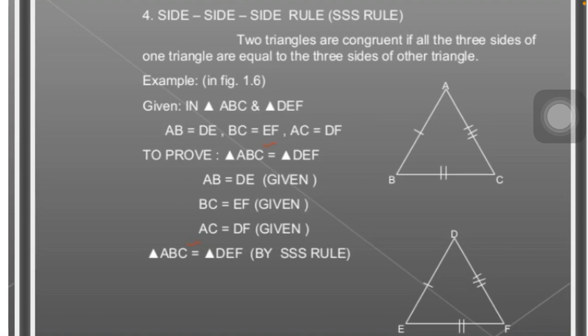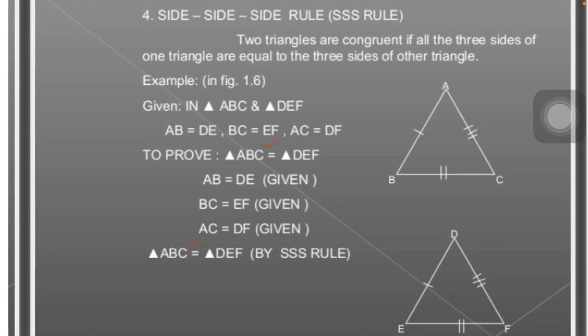How else can I write it? I can prove it like this. If I have two triangles given and three equal sides given, I will first write all three sides under given. Like, given in triangles ABC and DEF, I will first write AB equals DE, BC equals EF and AC equals DF, which are given.